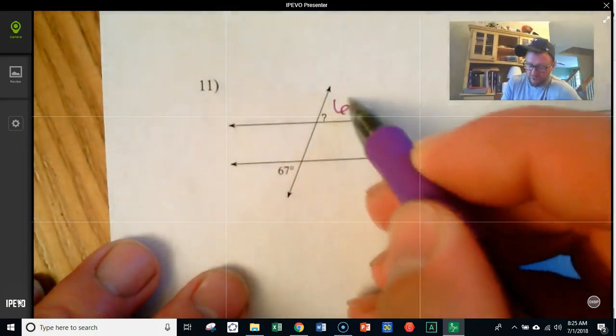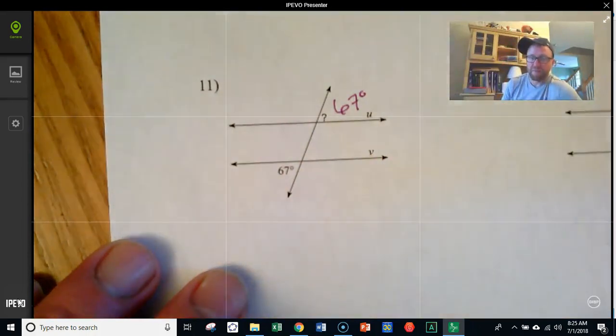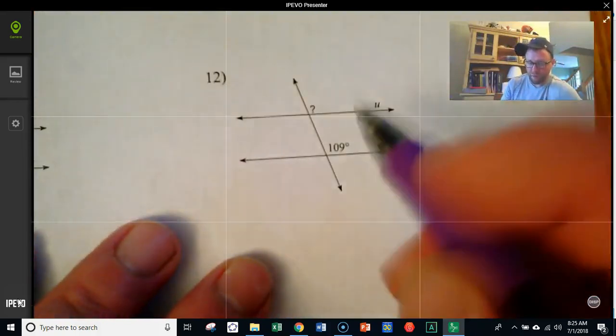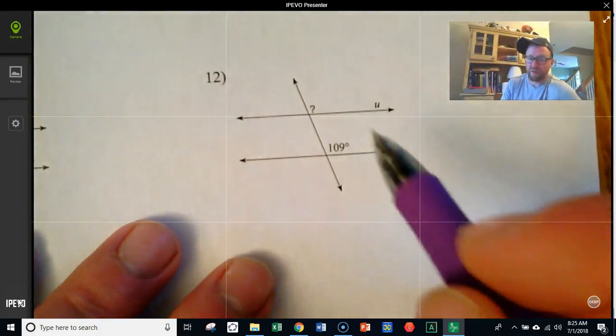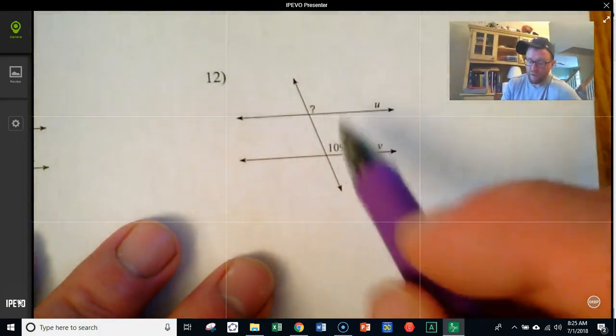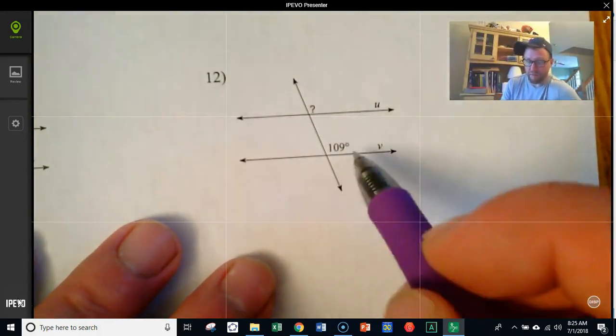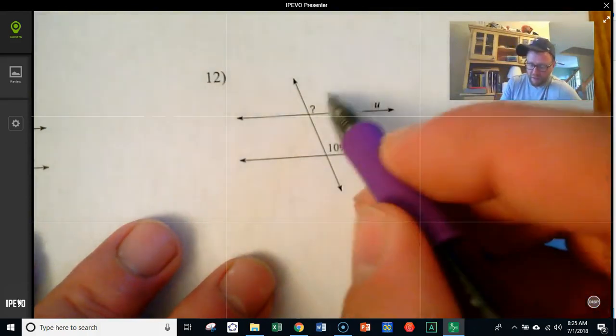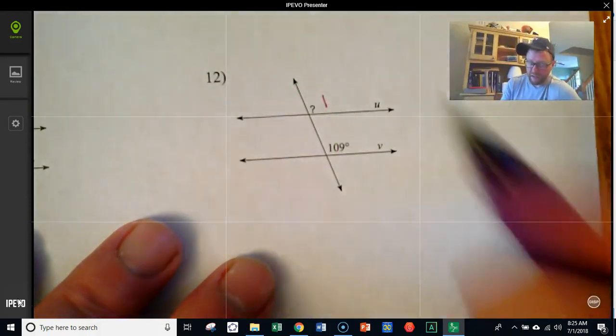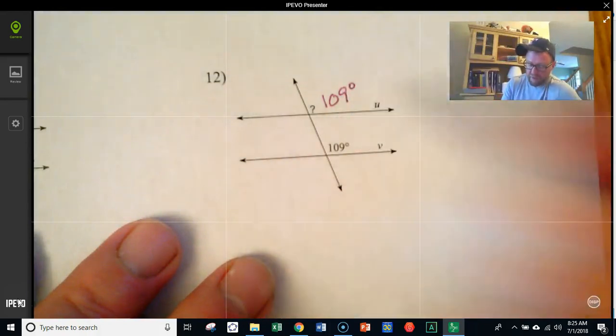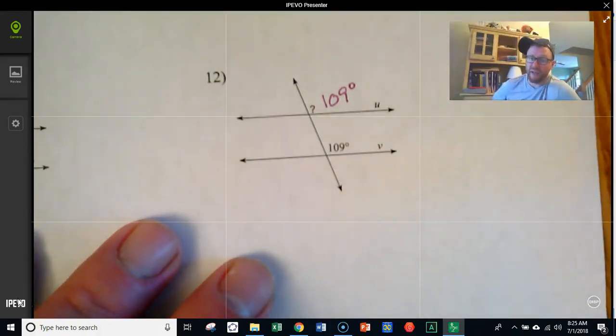If this angle is 67 degrees, then alternate exterior angles will be congruent, and then the lines will be parallel. And here we have same side of the transversal, one inside, one out. They're in the same position, up and to the right. They are corresponding angles. If this angle is 109 degrees, then corresponding angles will be congruent, same size, and therefore the two lines will be parallel.